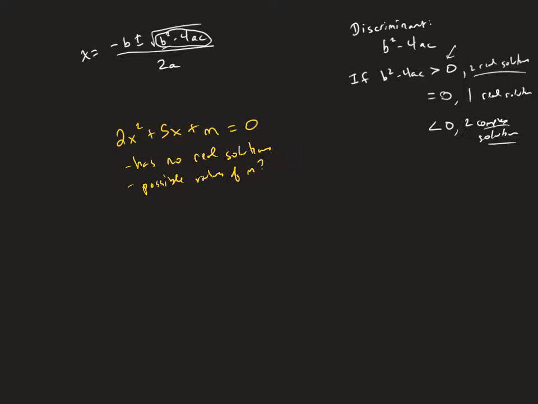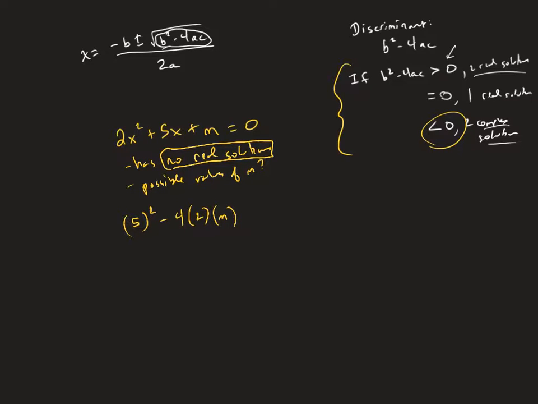The way we look at this is the problem tells me we have no real solutions. And so when there's no real solutions, we know the discriminant, the b squared minus 4ac, is less than 0. So I'm going to build the discriminant for this quadratic equation, b squared minus 4 times a times c, which in this case is the letter m.